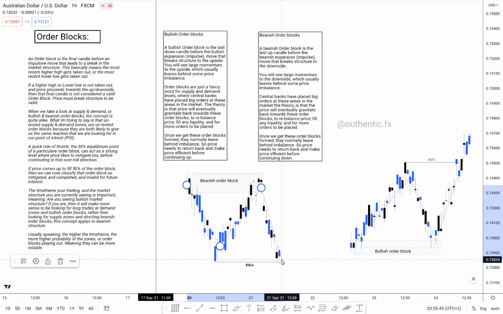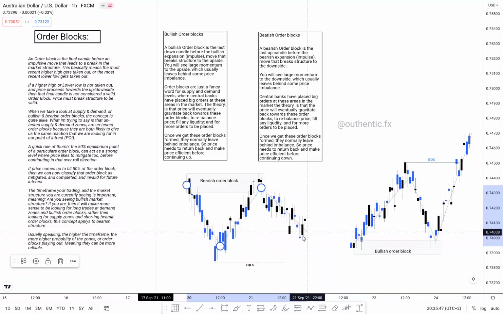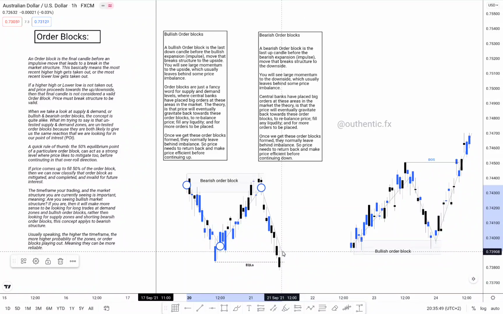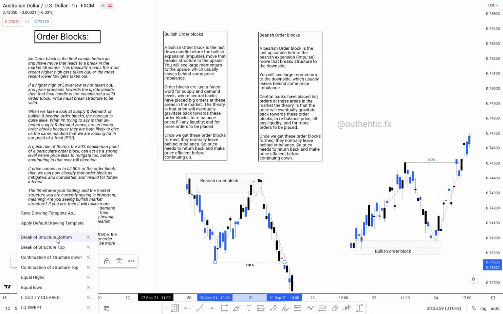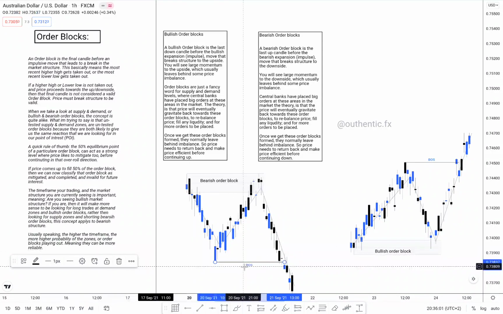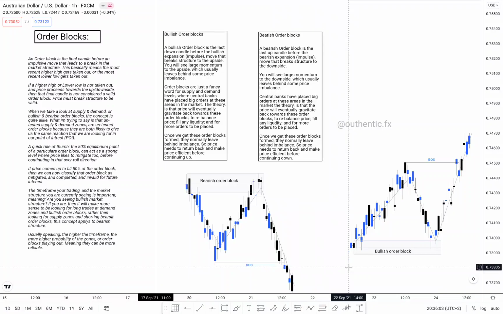If price does not break structure and starts consolidating within this area, we need to wait for the supply zone to be formed, which will break structure at that point, guys. So at this point, we need to see the break of structure to confirm that order block.